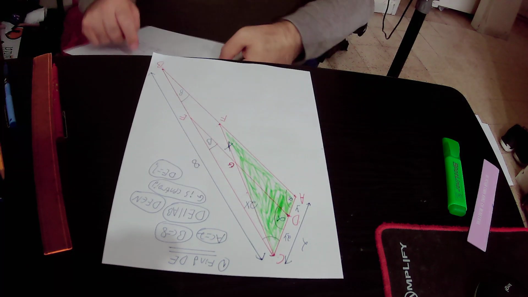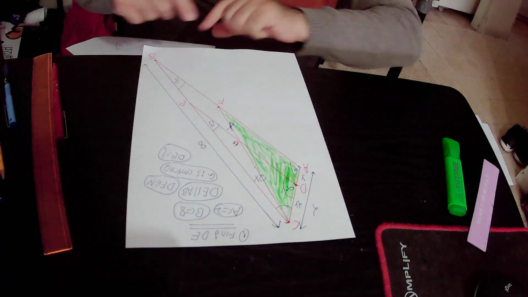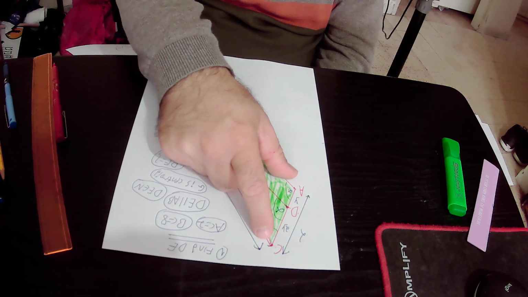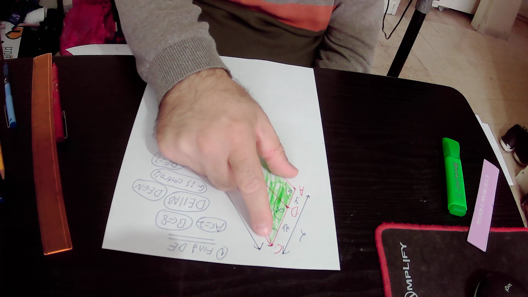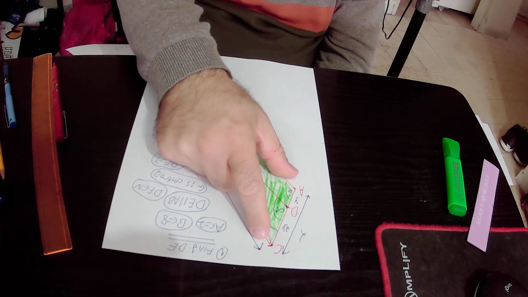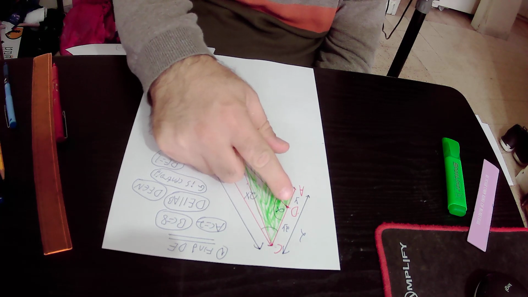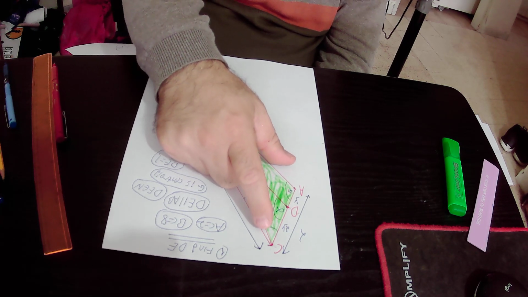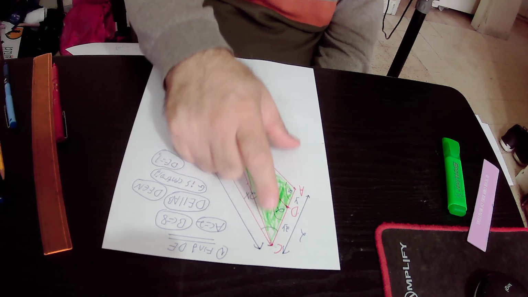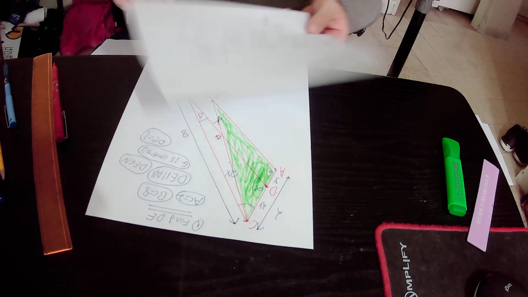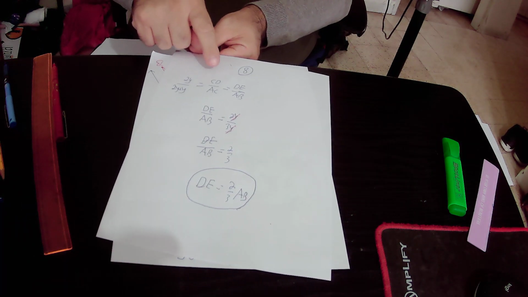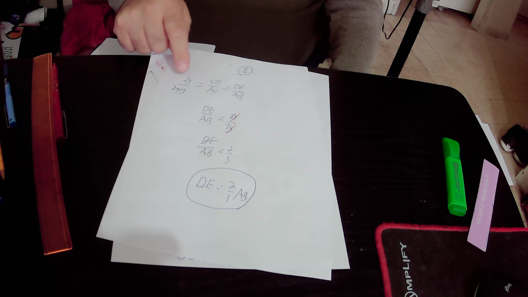And what is the value of CA? The value of CA is CD plus DA. That is to say, CA equals CD, that is 2y, plus DA, that is y. Or in other words, CA equals 2y plus y. So here we can write down that AC, or CA, is the same, equals 2y plus y.